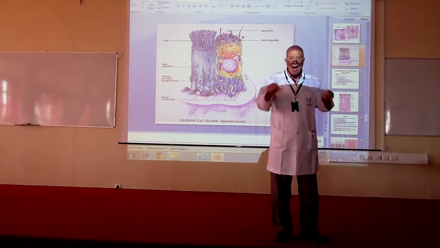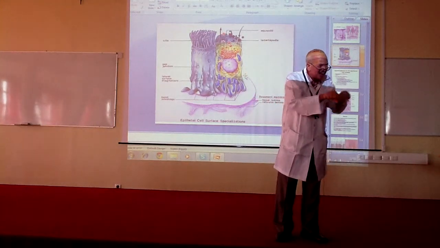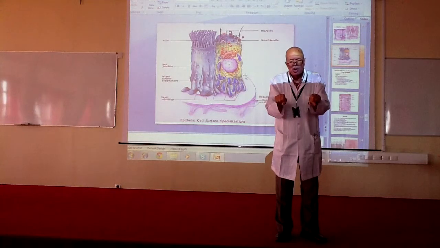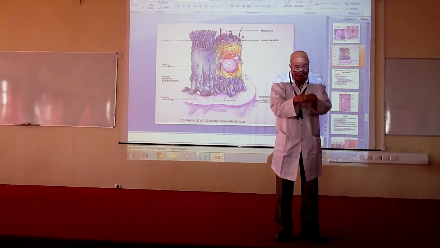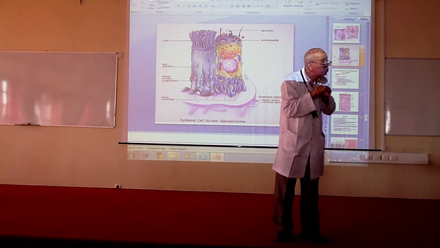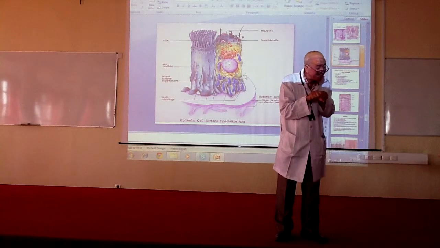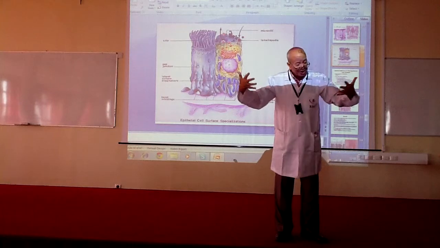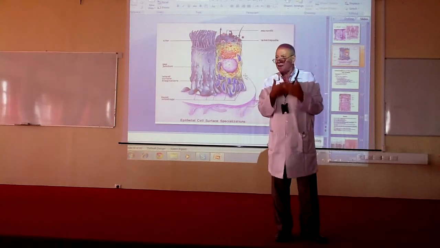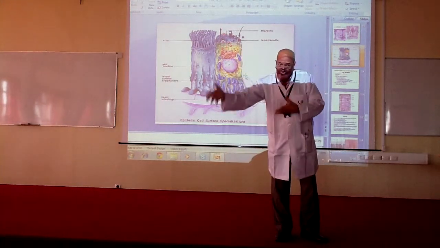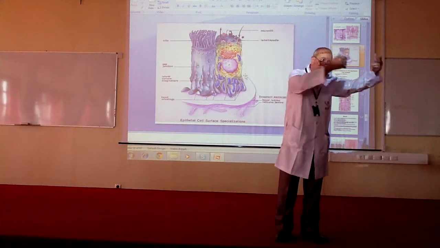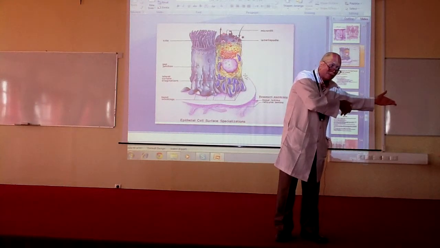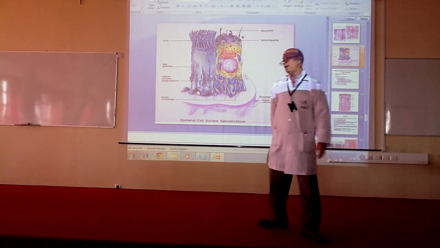Number 2, adherent junction: the cells stick together. One type of adherent junction is the zonula adherens, but there are others. The third type is the gap junction, a communicating junction, connecting the cytoplasm of one cell to the cytoplasm of the adjacent cell.